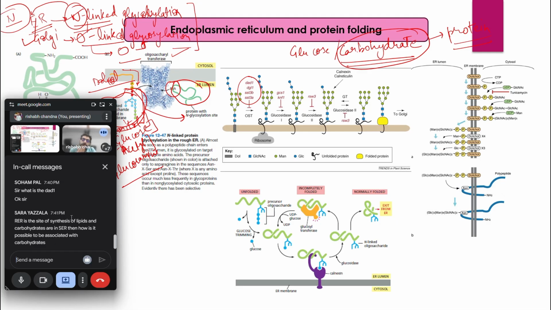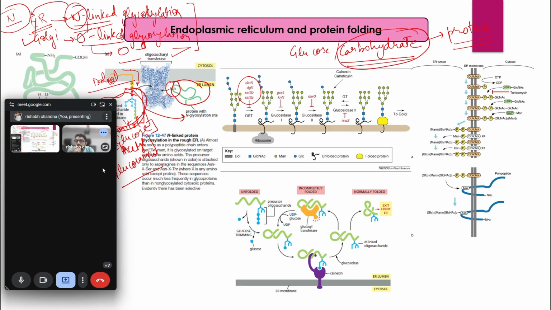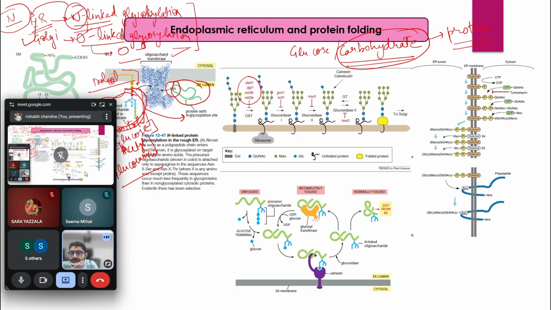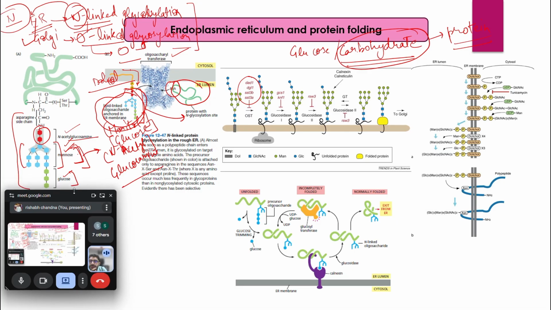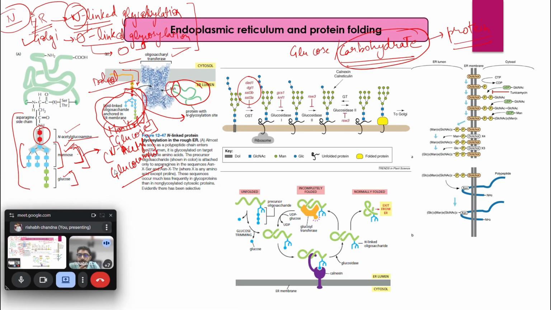Okay, so carbohydrates are also... The main site of synthesis of carbohydrate is not in RER and SER. Carbohydrates are mainly synthesized in the cytoplasm. So, in this particular case, when the particular protein needs to be folded, the enzymes are translocated inside the RER where they are synthesized.